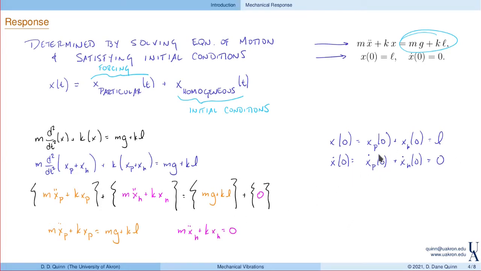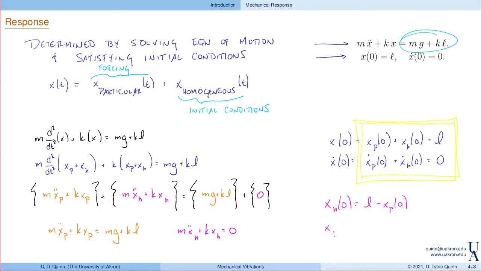Now remember, for the particular solution, any initial conditions work. We're just looking for some solution here. Then the initial conditions for the corresponding homogeneous solution still have to satisfy these two in the box. So in particular, xh, the initial displacement of the homogeneous solution, is L minus whatever the initial displacement of the particular solution was.